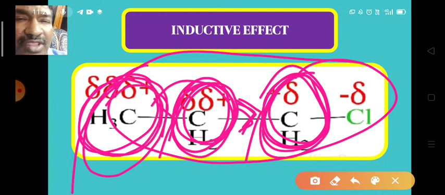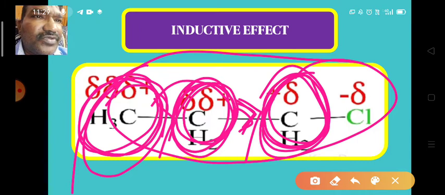So like that, the more electronegative atom causes bond polarization, and this bond polarization makes the carbon atoms electropositive or electronegative, and that tendency continues in the carbon chain. As a result, carbon atoms in carbon compounds get some partial negative or positive charges on them.